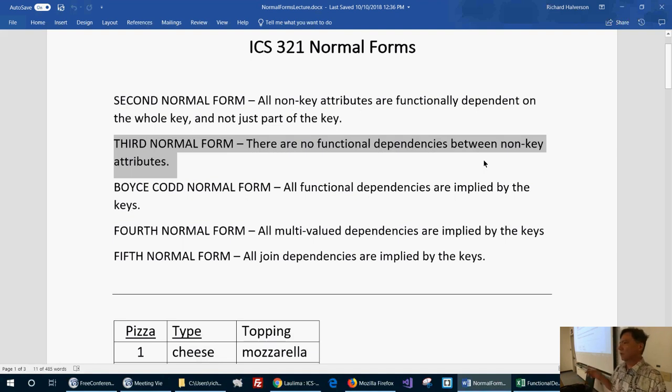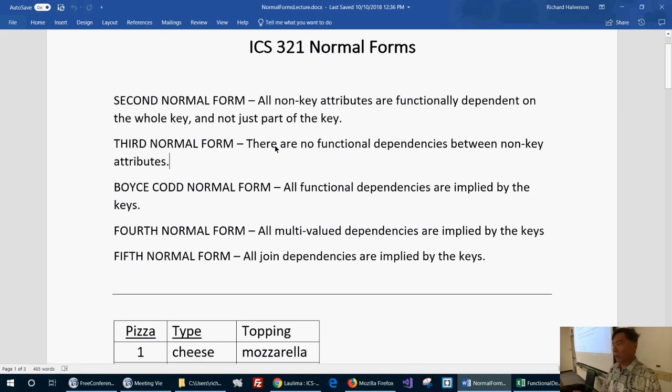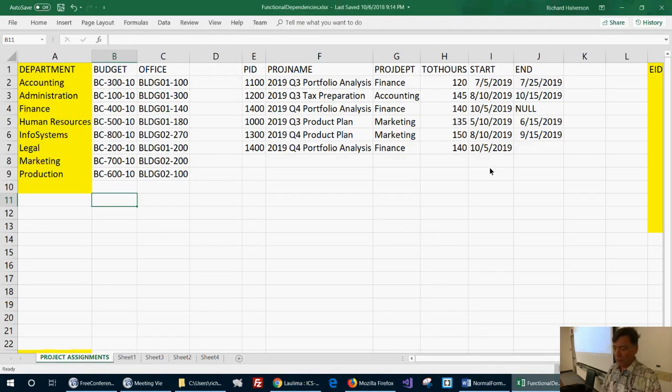The zip code determines the city and the state. You can go to USPS.com, put in the zip code and it'll tell you the city and state. So that's an example of something that could be in second normal form but not in third normal form. Turns out that all of these are also in third normal form.